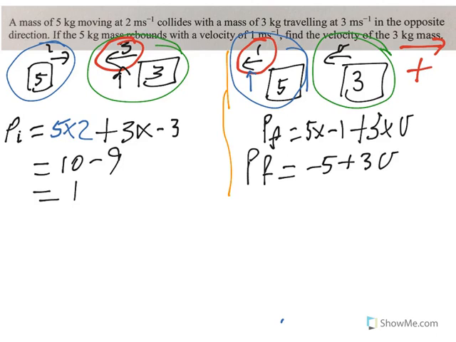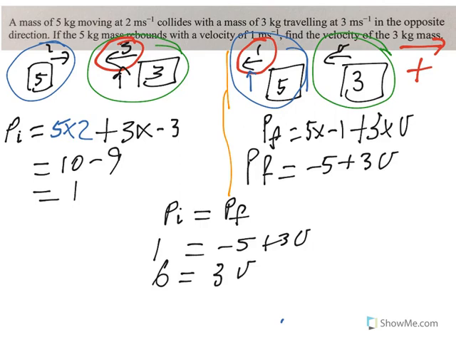Now, what do we know? What we know is that the initial momentum and the final momentum have got to be the same. So we know that 1 has got to equal -5 plus 3v. Add 5 to both sides. Then 6 has got to equal 3v.